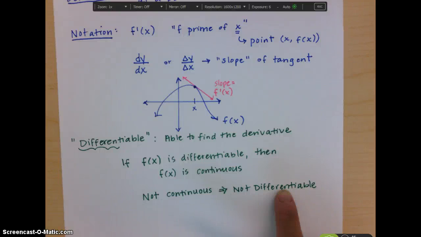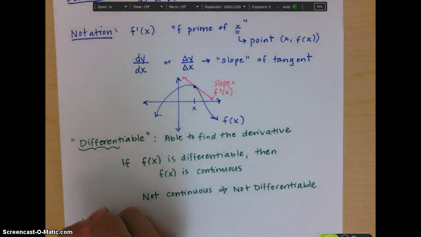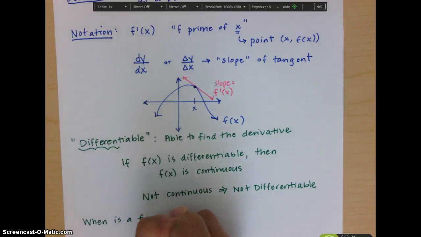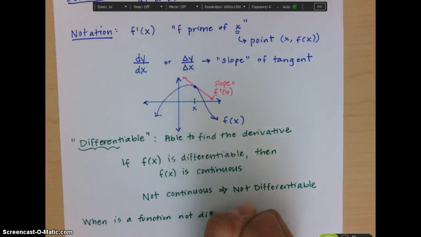That's not always true. But what we can say with absolute certainty is that if it's not continuous, then it's absolutely not differentiable. So let's talk about some of the conditions that cause a function not to be differentiable. So when is a function not differentiable?